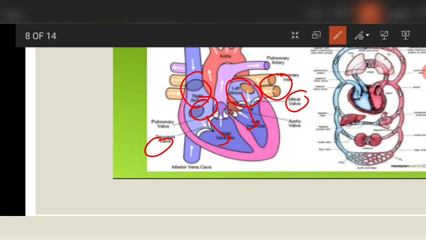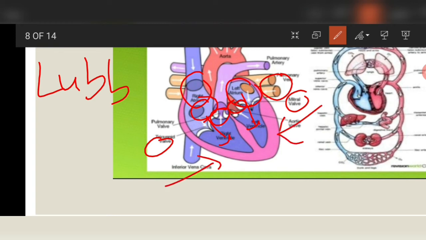When the ventricles are filled, children, the bicuspid and tricuspid valves will close, thus producing the sound of lub. The first heart sound will be produced. Then the ventricles will contract, and during this the semilunar valves will open up. When the ventricles contract, the blood will rise.